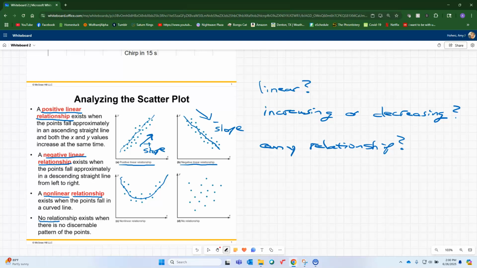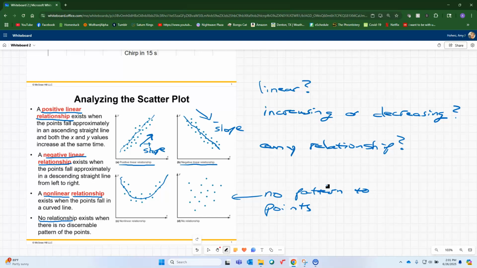And then no relationship is when it just looks like no pattern to the points. Okay, we couldn't say, oh, it looks like it's going up. You know, is it going up or is it going down? Is it staying flat? No, they're just scattered.